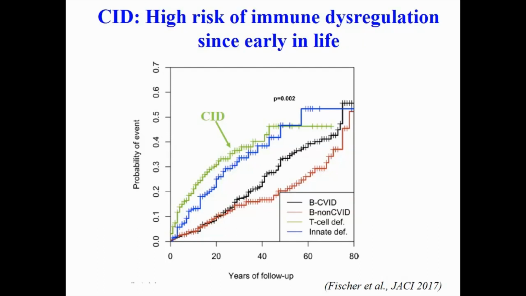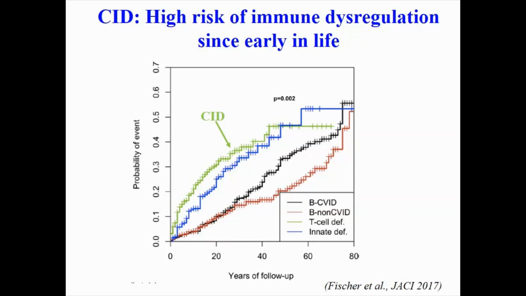And so although the general assumption has been that autoimmunity is common in common variable immunodeficiency, it's actually very common, and a majority of the patients with immune dysregulation and immunodeficiency do have common variable immunodeficiency.